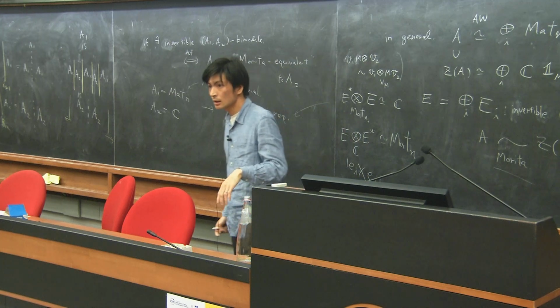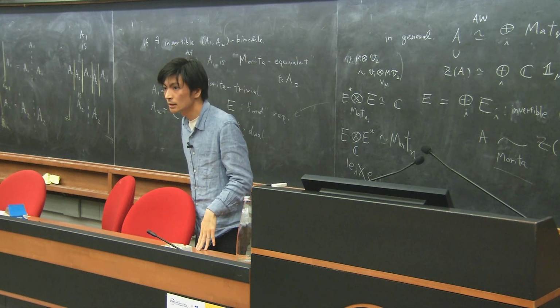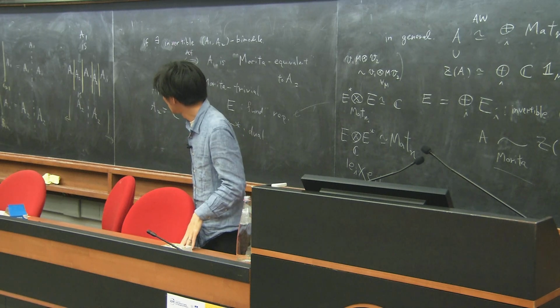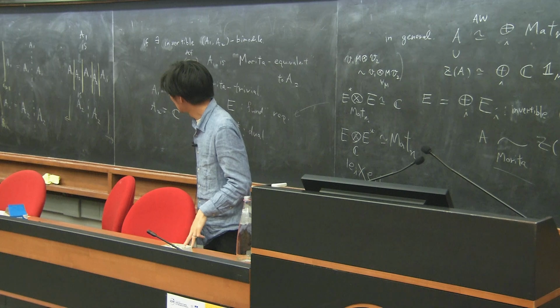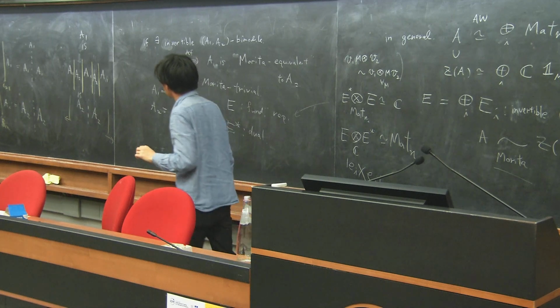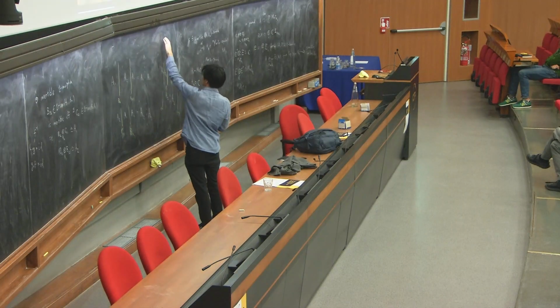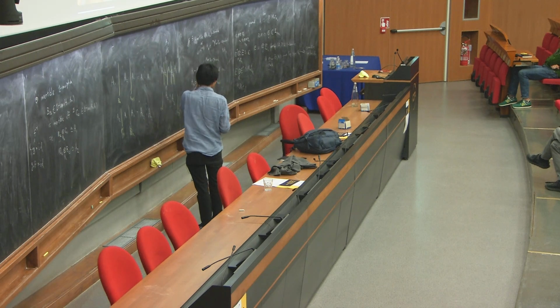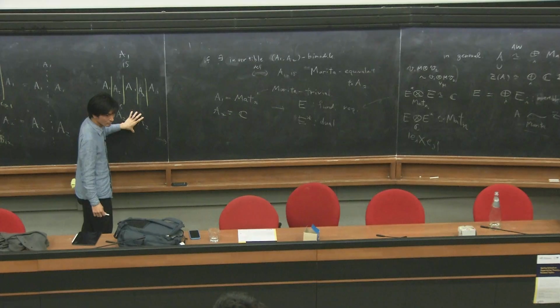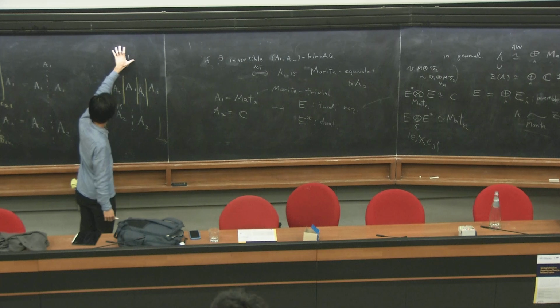Could you please repeat what the situation was with pushing the outer interfaces to infinity? What was the point you were trying to make? Okay, yeah. Here, I wanted to say the A1 system and the A2 system are the same, or equivalent, in the long range.